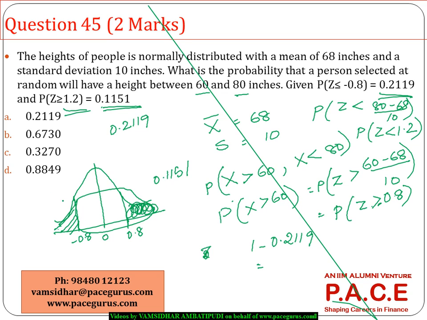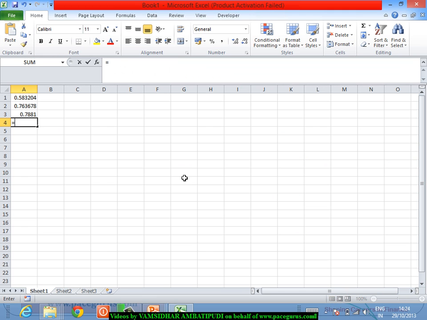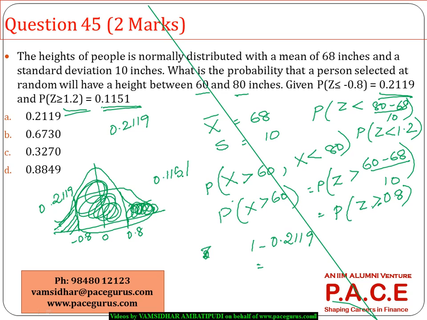This area works out to 0.2119. We are more interested in the remaining portion of the area. So even after I subtract 0.1151 from the above, whatever comes, that would be my solution. 0.673 is the number which works out for me. So that is where I mark the option choice B as the answer for this question.